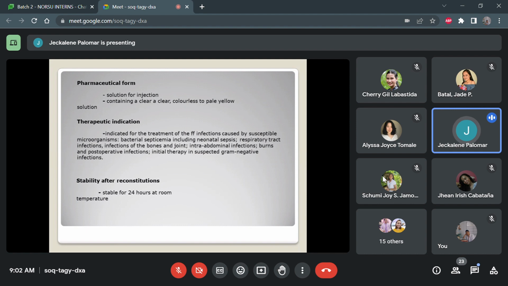The stability for Amikacide is 24 hours at room temperature.